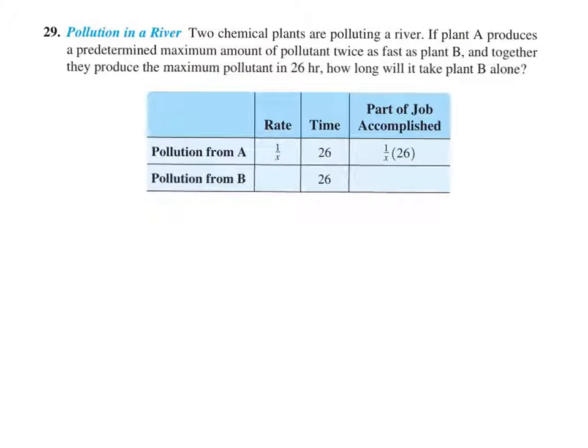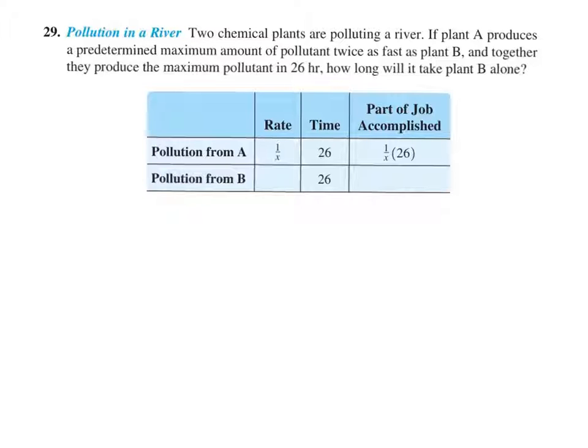Alright, here's another example. It says 2 chemical plants are polluting a river. If plant A produces a predetermined maximum amount of pollutant twice as fast as plant B, and together they produce the maximum pollutant in 26 hours, how long will it take plant B alone?